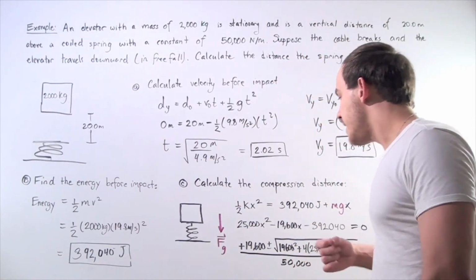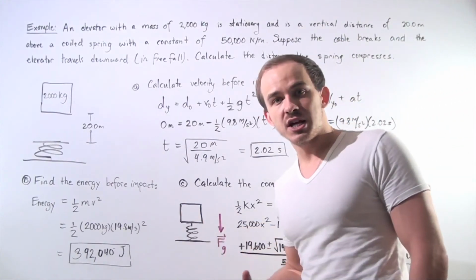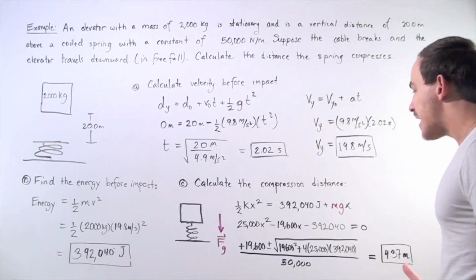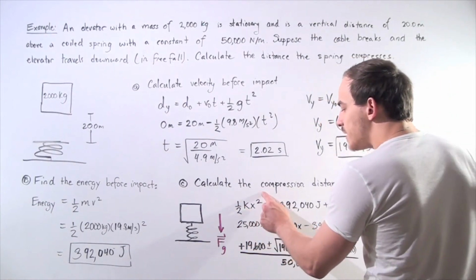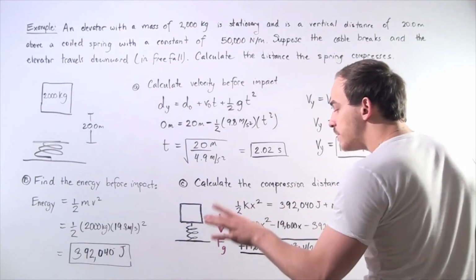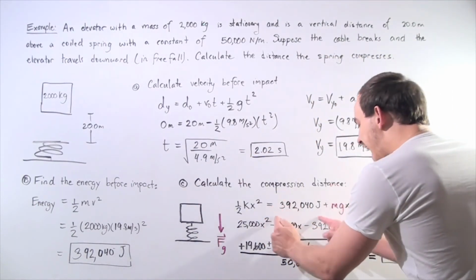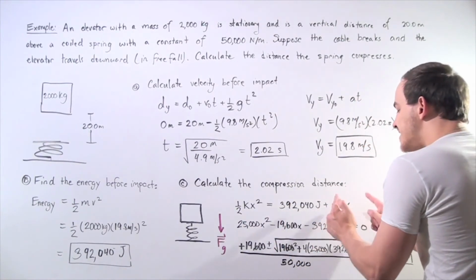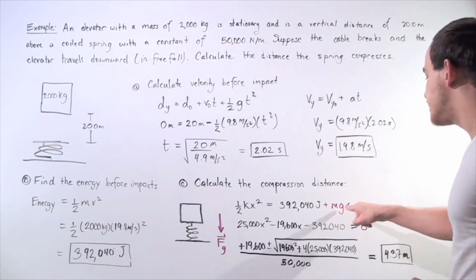So that basically means that not only is the spring working against the kinetic energy, but it's also working against gravity. So that means we have 1/2 kx squared. Our work done by the spring for a non-constant force is equal to the kinetic energy plus the gravitational energy, which is given by m times g times x.